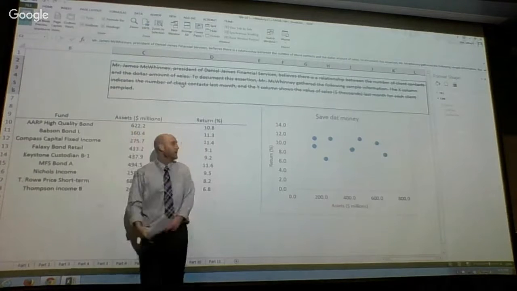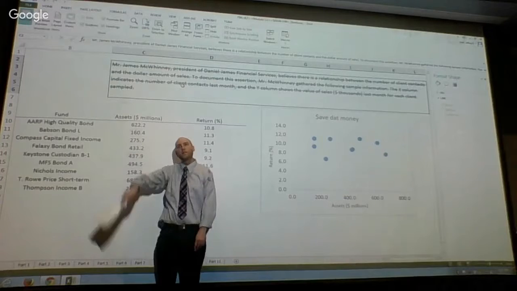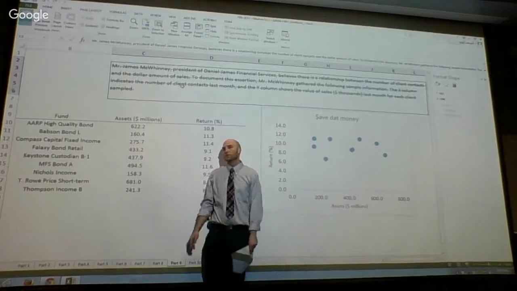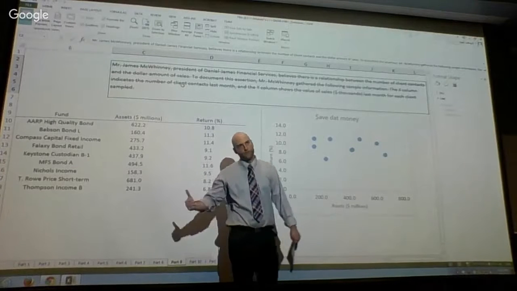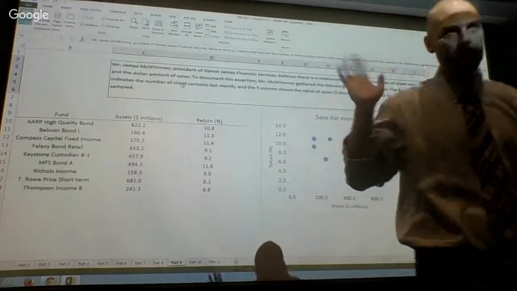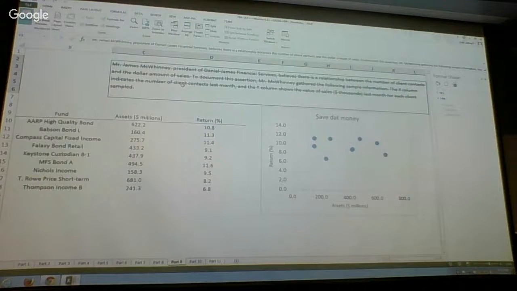If your table and your picture are labeled well enough, words are irrelevant. Your picture should speak for itself. Your table should also. I don't want to take words out of it. All right, 81.